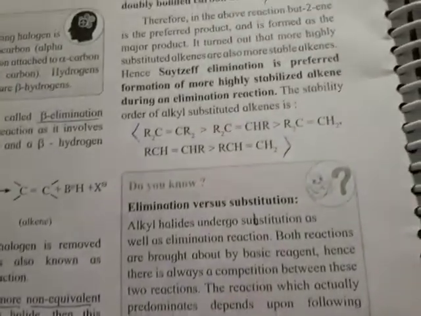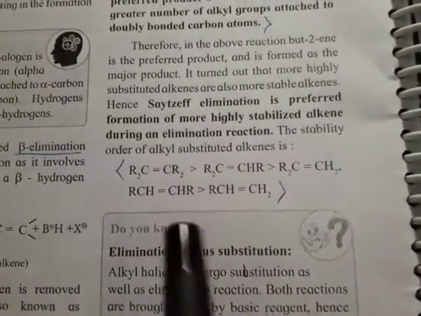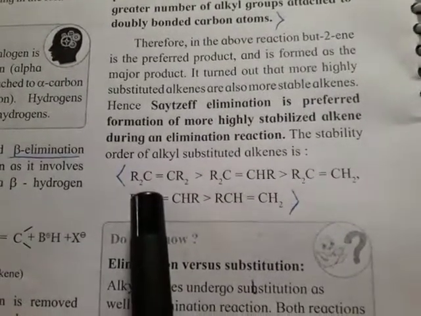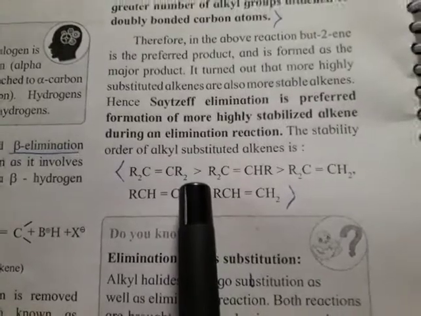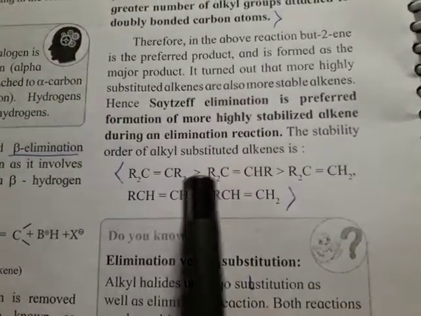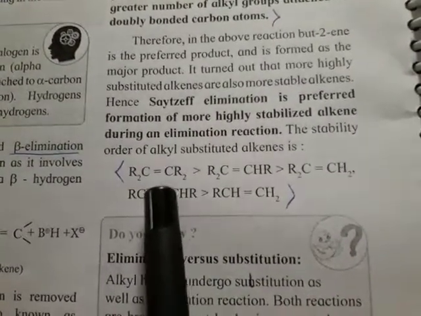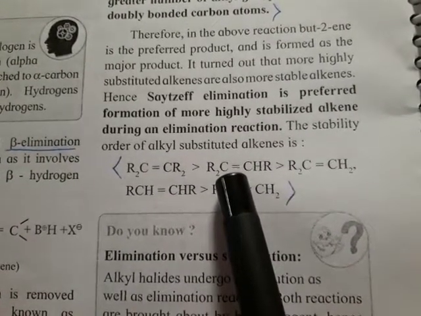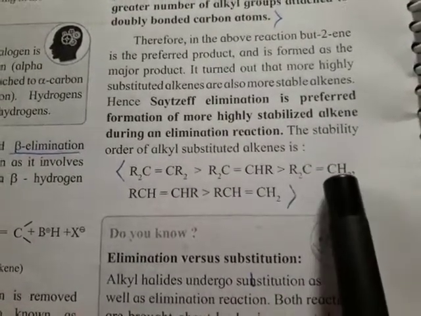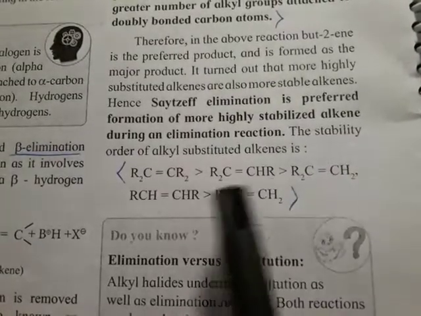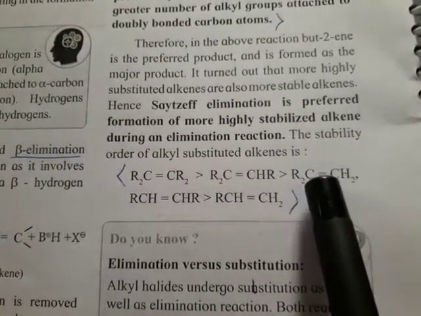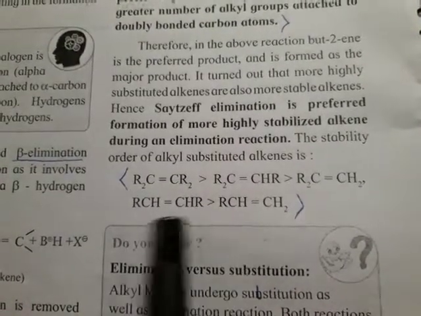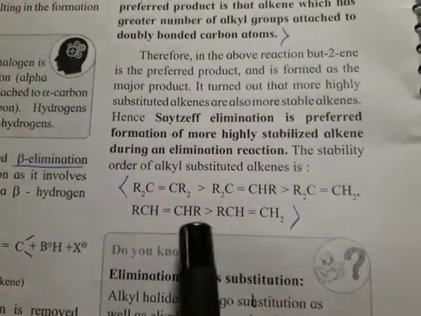Last year we also studied the stability order of these different alkenes. Suppose an alkene has 4 alkyl groups, then R2C double bond CR2 has the highest stability, greater than an alkene carrying 3 alkyl groups, then 2. Now 2 alkyl groups have two possibilities: both alkyl groups on the same carbon, or each doubly bonded carbon has one alkyl group.